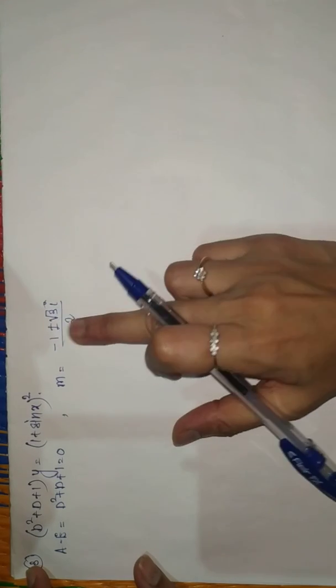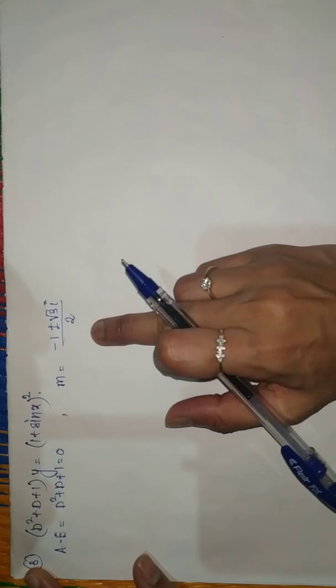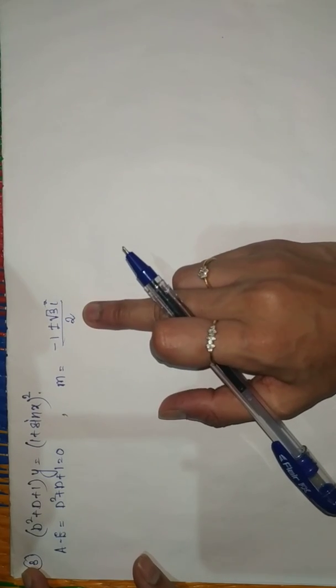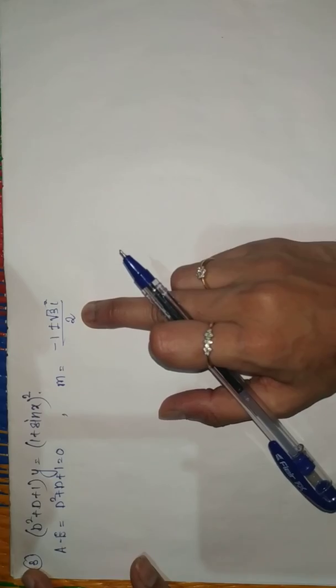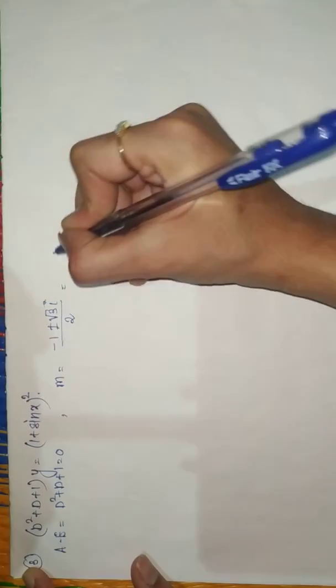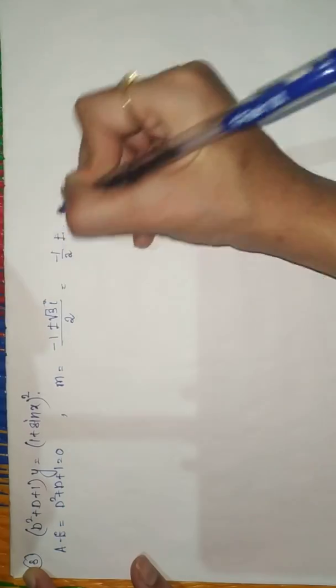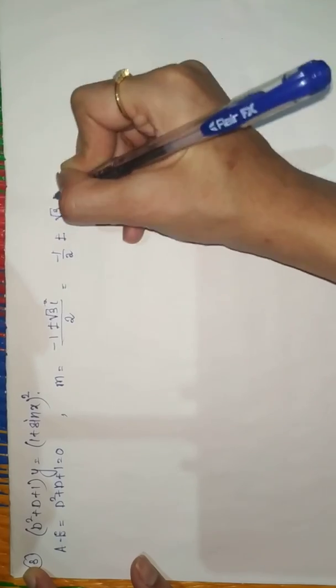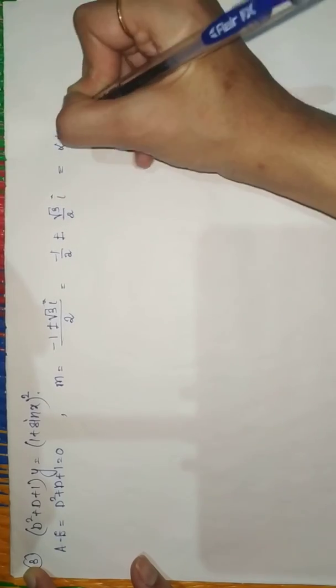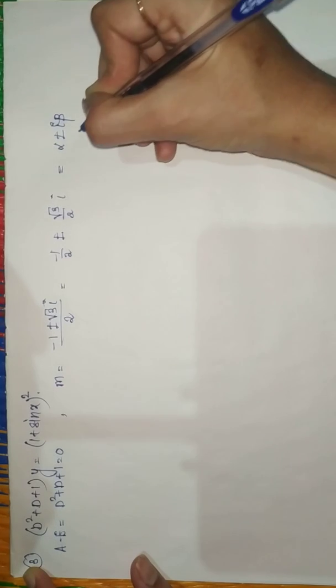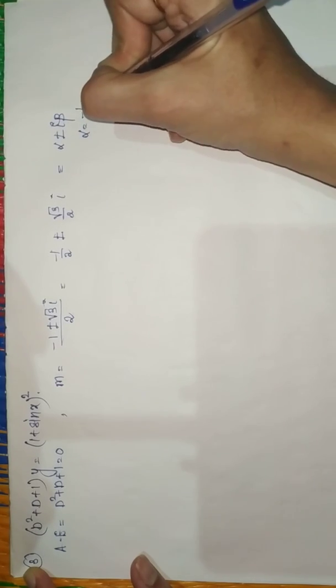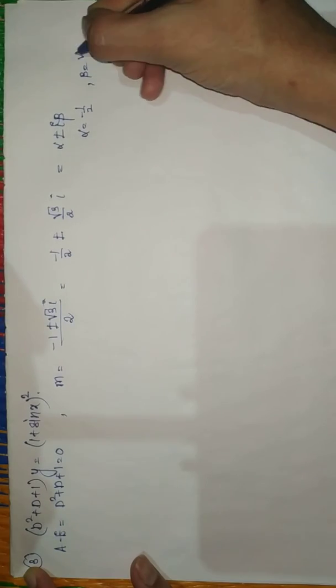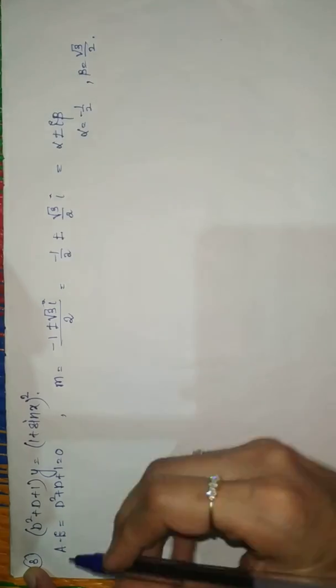You can use the formula minus b plus or minus root of b square minus 4ac by 2a, so you will get it easily. Now these are complex roots, which is minus half plus or minus root 3 by 2 i, in the form of alpha plus or minus i beta. So alpha is minus half and beta is root 3 by 2.